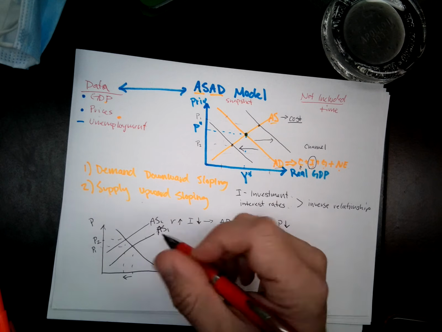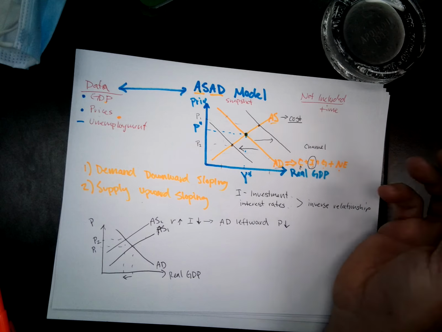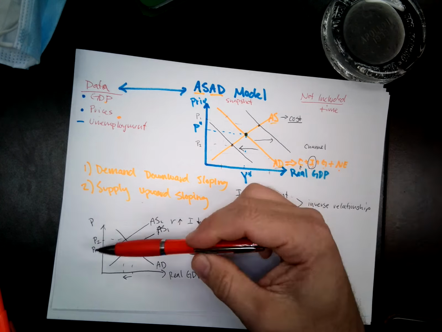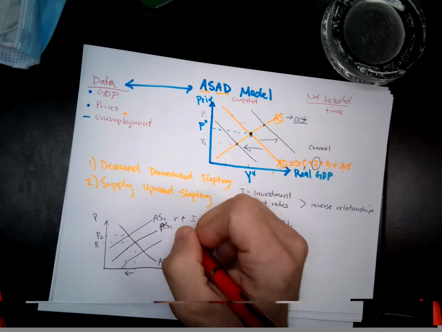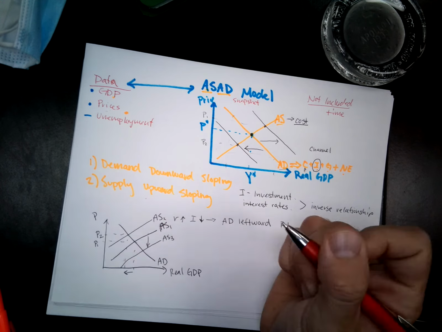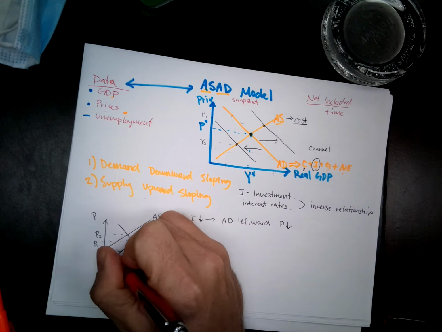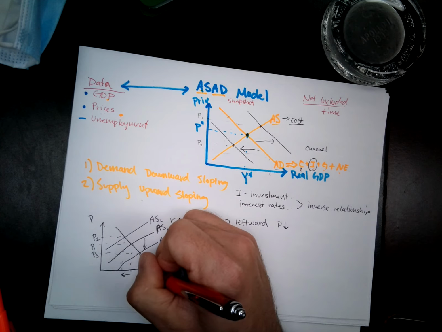Things that cause the cost of business and the cost of operations to fall drop supply downward or to the right. You can think about costs falling, and you see that results in lower market prices and higher quantities.